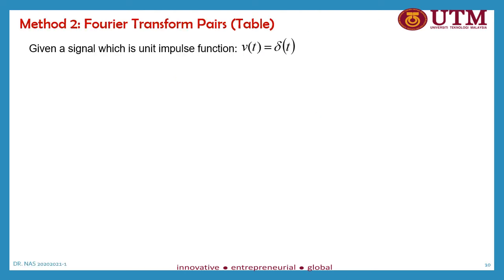Okay, let's look at how to solve this by using Fourier transform pairs from the table. We are going to use the same equation, and compare the first method, the Fourier integral, with the second method using transform pairs from the table.